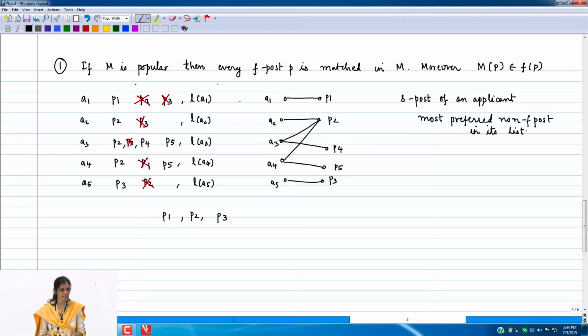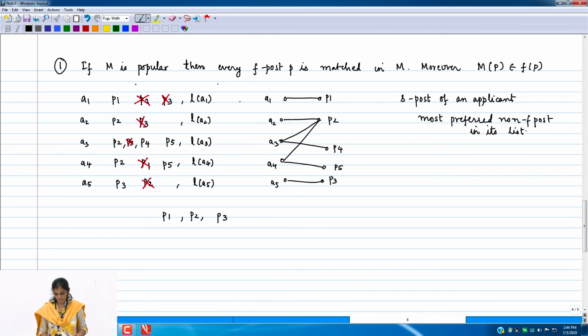So if nothing in your preference list is a true post for you, then your dummy last resort post certainly qualifies to be an S post, because it is the most preferred non-F post. So now an S post always exists from now on. An F post certainly exists for every applicant, because preferences have at least one post, otherwise the applicant doesn't want to participate. Now by this pre-processing, S posts also exist.